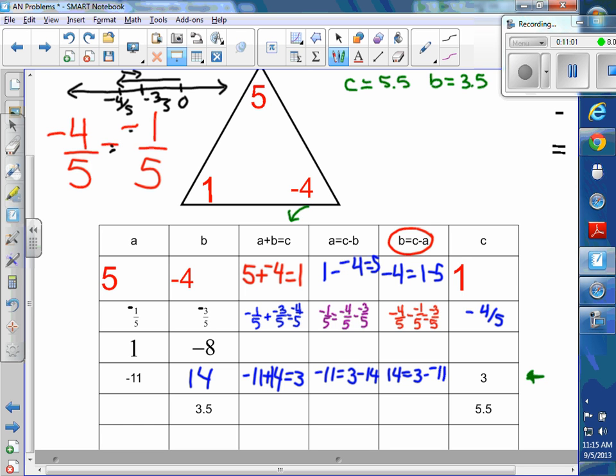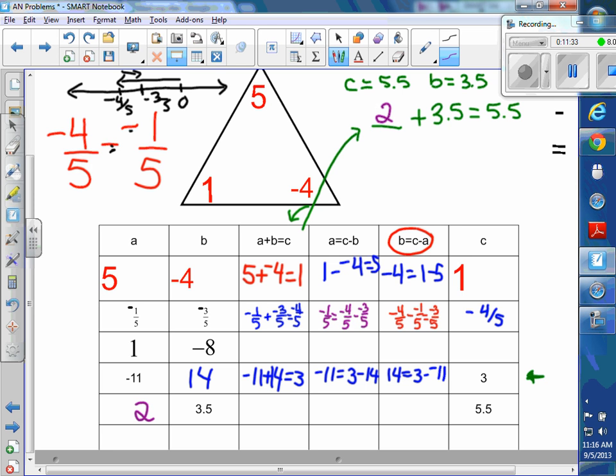So I started with A plus B equals C, and I did, blank plus 3.5 equals 5.5. Okay, so she's thinking something plus the B, 3.5, equals 5.5. Yep, so I knew that must be 2. So you kind of had to add up. So she puts a 2 in here. And so A is 2.